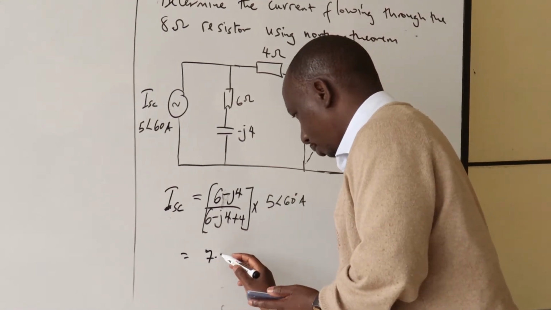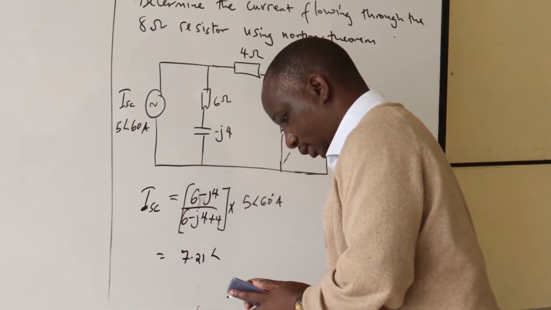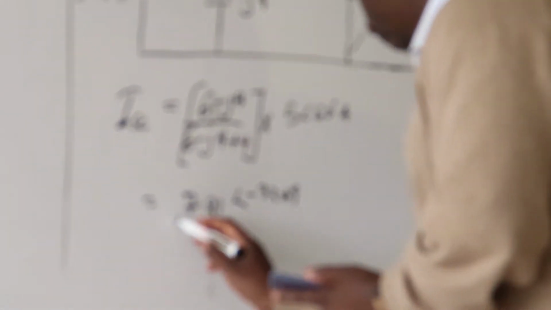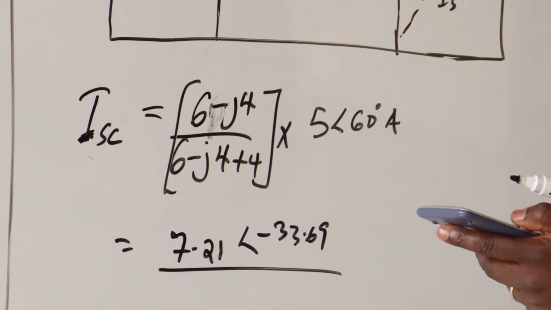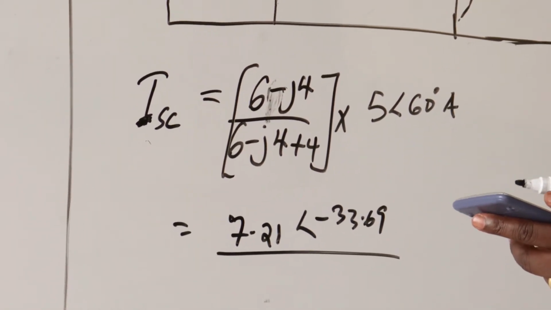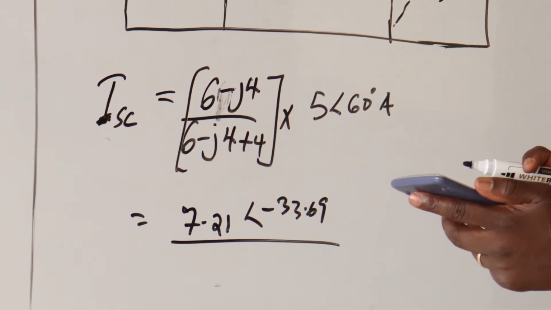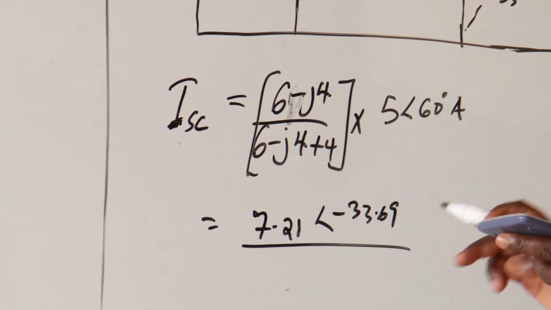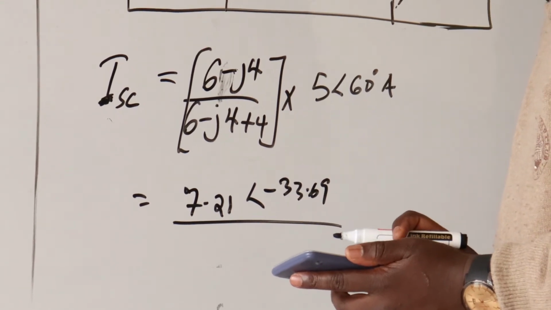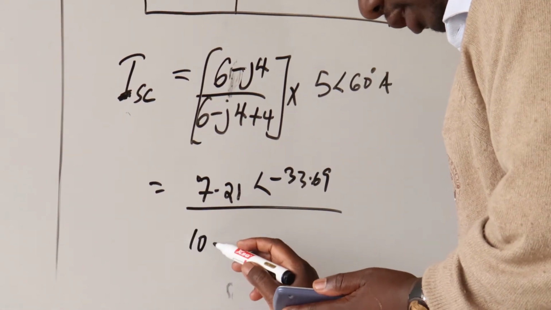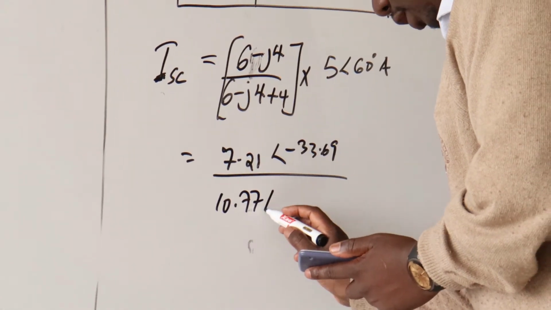This is 7.21, the angle here is minus 33.69, over 6 plus 4 is 10, so with the 10 and j4 we shall have 10.77, angle minus 21.80.